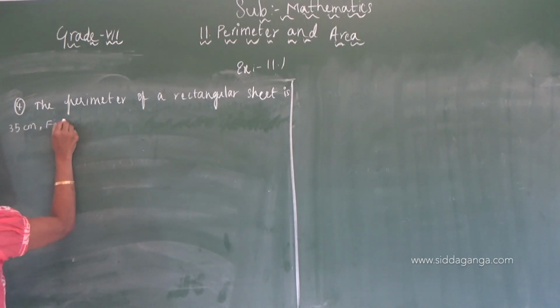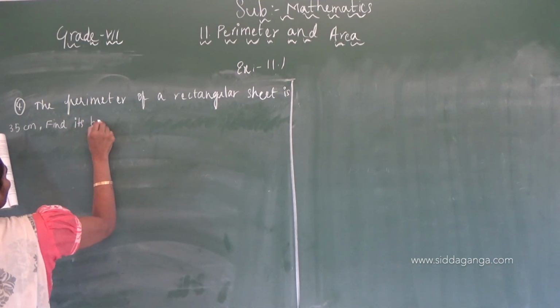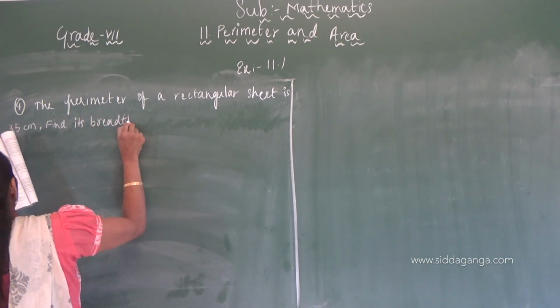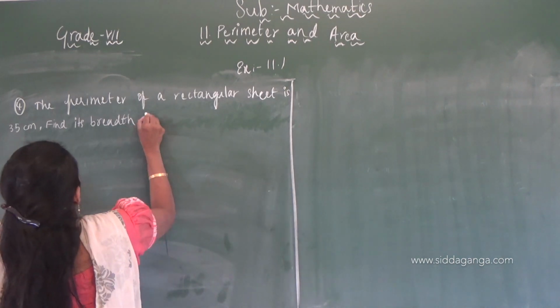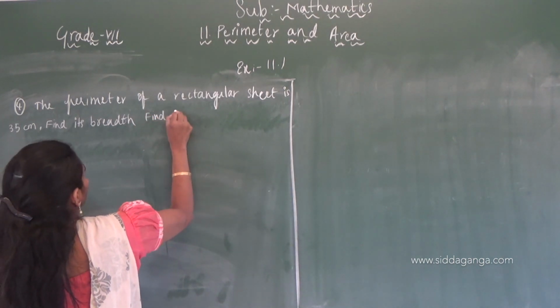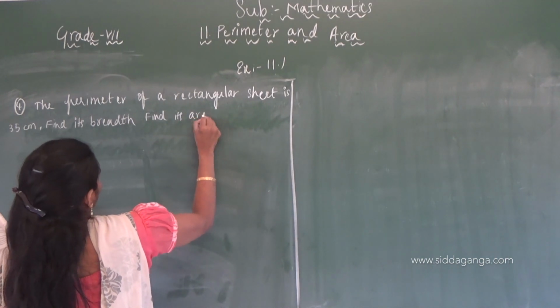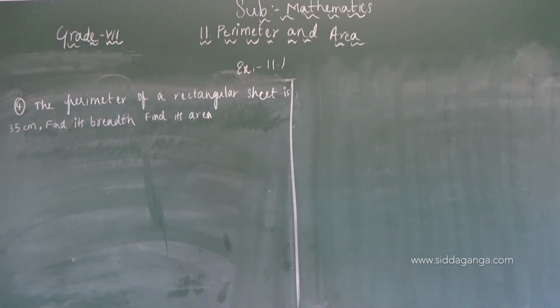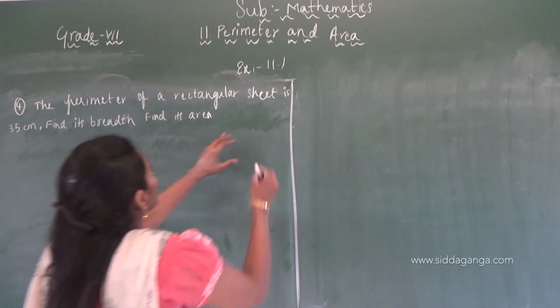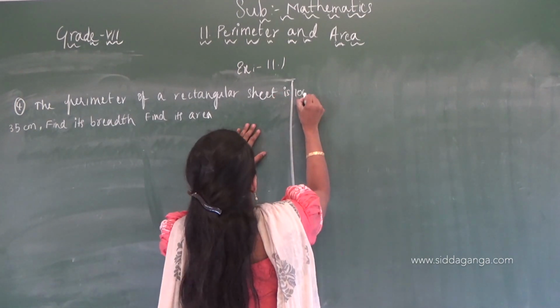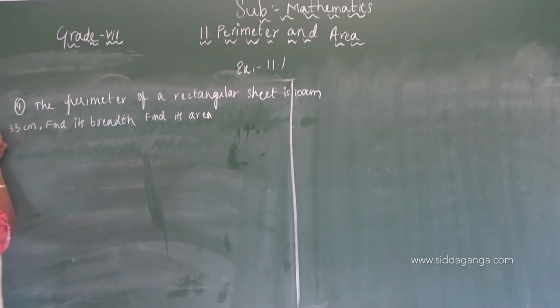Find its breadth and its area. Here what they are giving? The perimeter of a rectangular sheet is 100 centimeters and length is 35 centimeters. Find its breadth and its area.